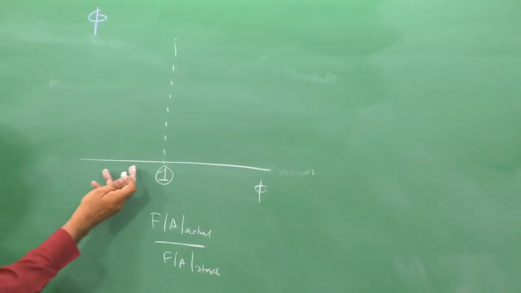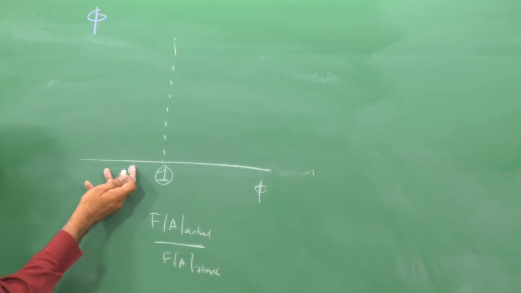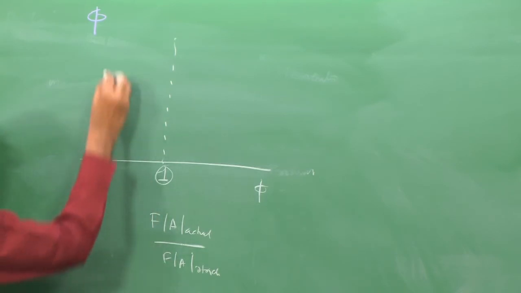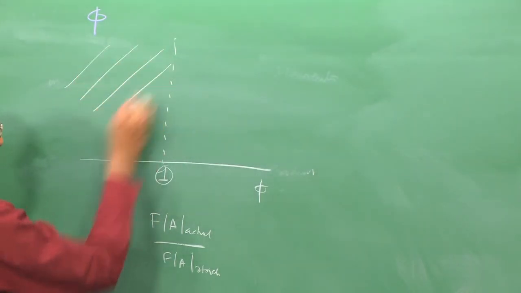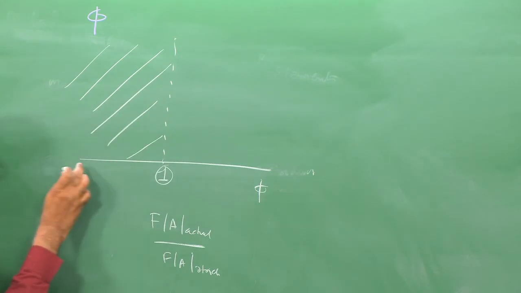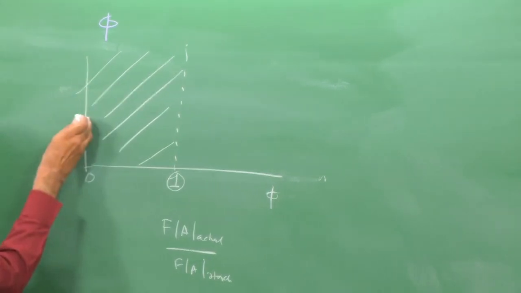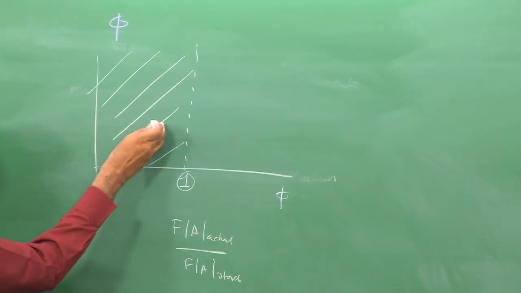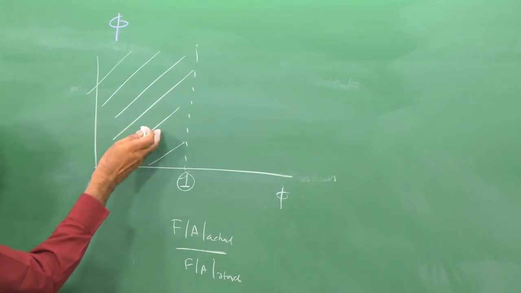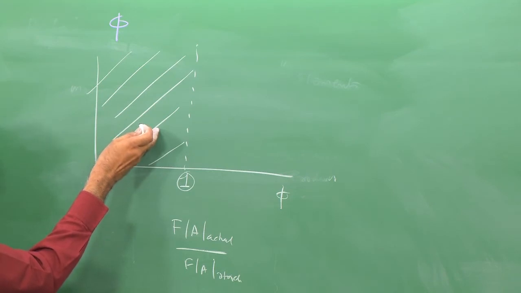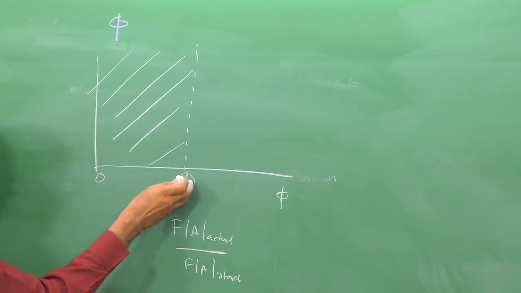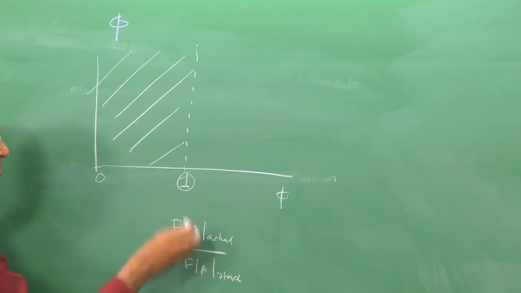If the phi value is less than 1, what does it mean? I have less fuel, and therefore the values between 0 and 1, when the fuel air ratio is 0, which means I have no fuel at all, I keep on having fuel, which is fuel lean or let us say oxidizer rich. If phi is greater than 1, I have more fuel than stoichiometry.